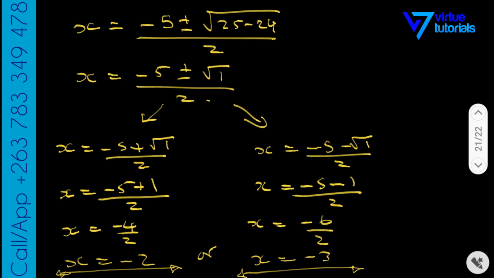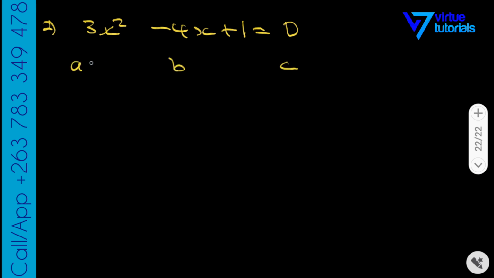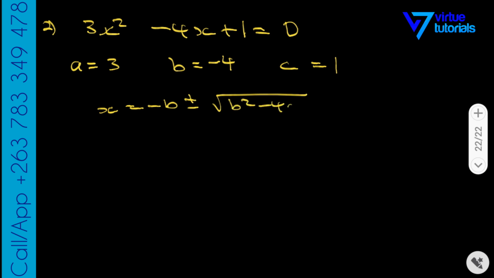Let's try another example. Right. Here we have 3x squared minus 4x plus 1 is equal to 0. So our first task is to identify our a, our b, and our c. Our a is positive 3. Our b in this case is a negative 4, and our c is a positive 1. Now we know that x is equal to minus b plus or minus square root of b squared minus 4ac all over 2a.